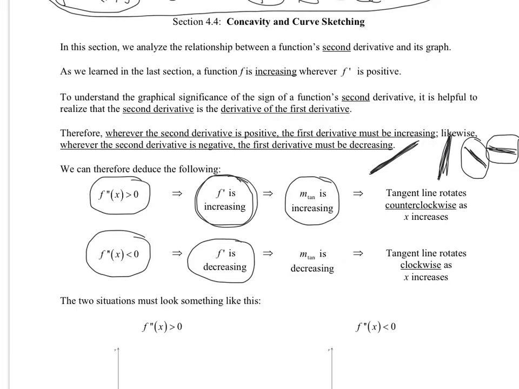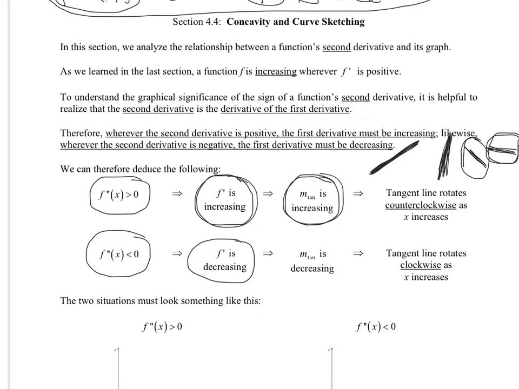So again, we see that increasing the slope of the tangent line means rotating the tangent line counterclockwise. For a line that initially has positive slope, you make it steeper by rotating counterclockwise.